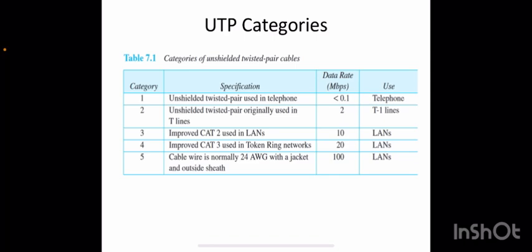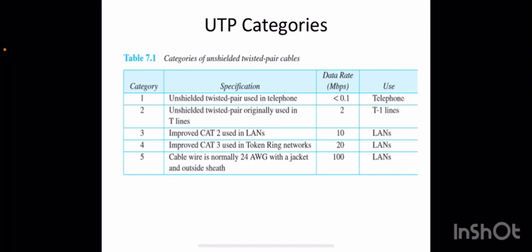Now we have different categories of twisted pair cables depending on the cable thickness and so on. Category 1 is unshielded twisted pair used in telephone lines. Here the data rate is very low, less than 0.1 megabit per second, and it is commonly used in telephone lines. You remember, earlier when we used the internet over the telephone lines, it was very slow, right?